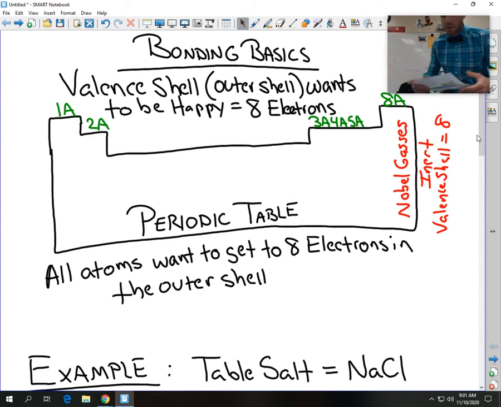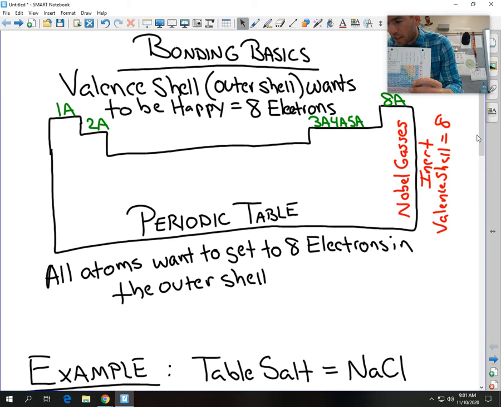And so if you're not seeing where that is, it's right there at the top of your periodic table, okay? Right there where the group number is, right below it is a number and an A, all right? And so there you will see the 1A, and there's 4, 5, 6, 7, and 8A. And so that number tells you how many electrons are in the outer shell. So it's a real easy place for you to look, and you already know.